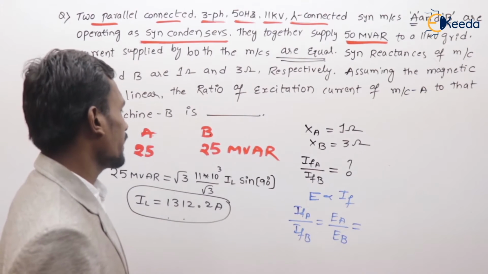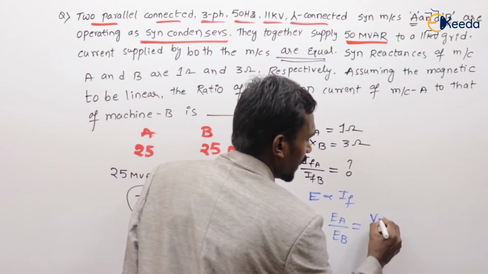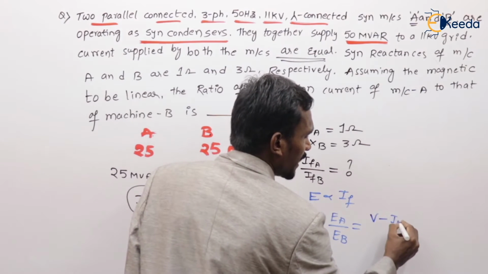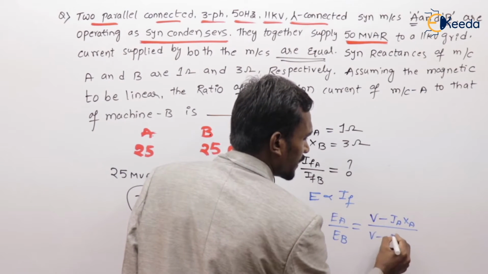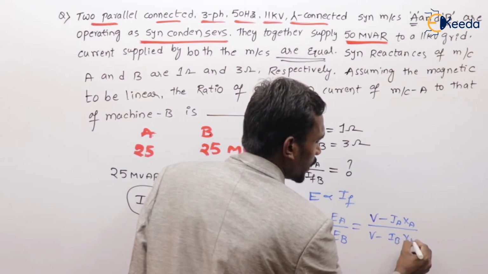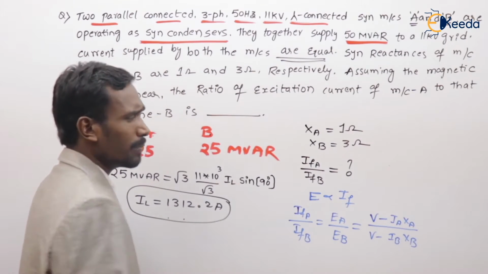EA to EB is VT minus IA into XA divided by VT minus IB into XB.